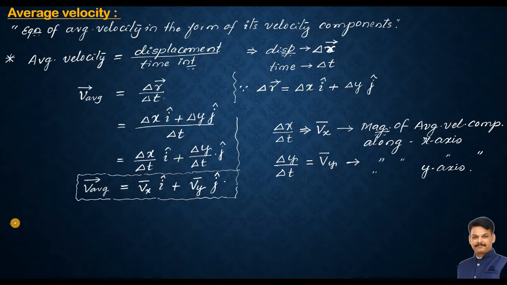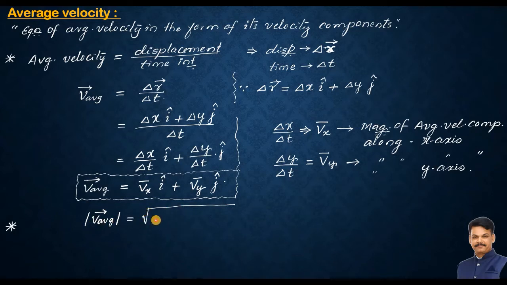Here, the average velocity is represented in vector form like this. Of course, you can calculate the magnitude of the average velocity, just as we have learned in the case of vectors.